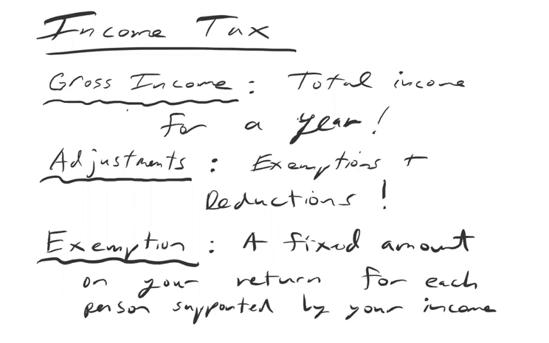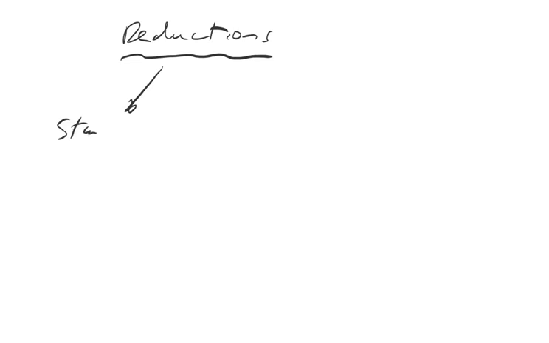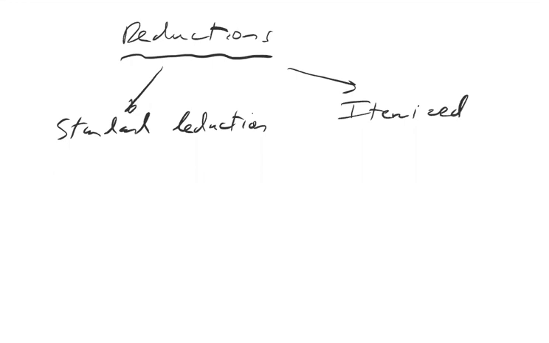Now let's go on to what's a deduction. So deductions, okay? There's two types of deductions. There's the standard deduction, or you could have what we call itemized deductions. On your tax return, you've got to choose which one you want to use.